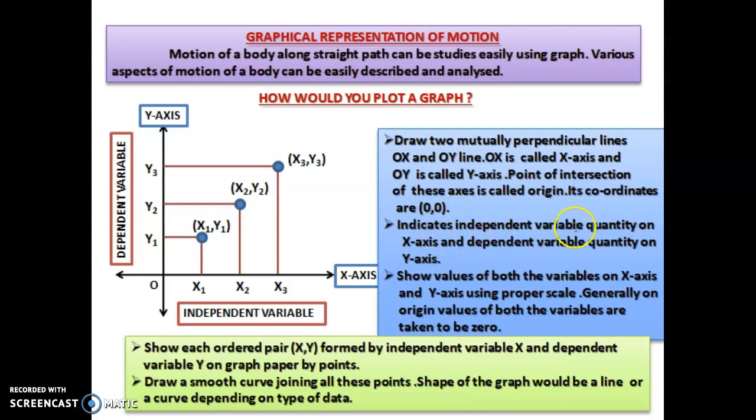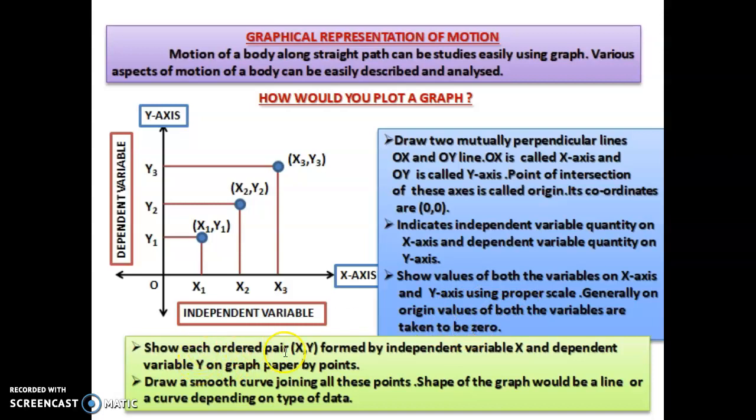Indicate the independent variable quantity on the x-axis. So the independent variable is plotted along the x-axis, and the dependent variable quantity on the y-axis. Show the values of both variables on the x-axis and y-axis using a proper scale. Generally, at the origin, the values of both variables are taken to be 0.